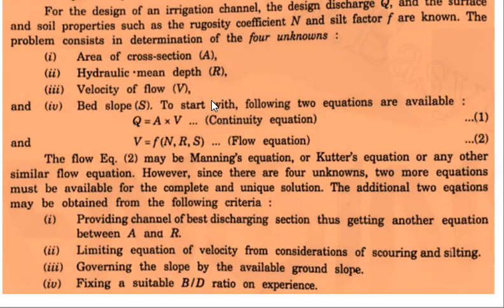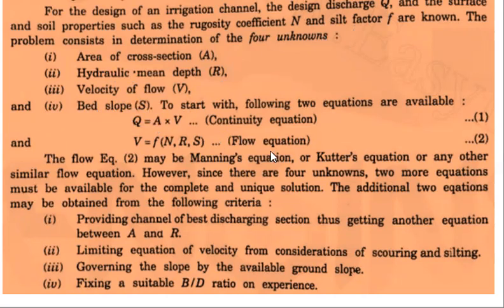So that will be taken as your hydraulic mean depth, denoted as R. So R is equal to the cross-sectional area of the flow divided by the wetted perimeter. And also we know about the velocity of flow, the area of the cross section, and bed slope.